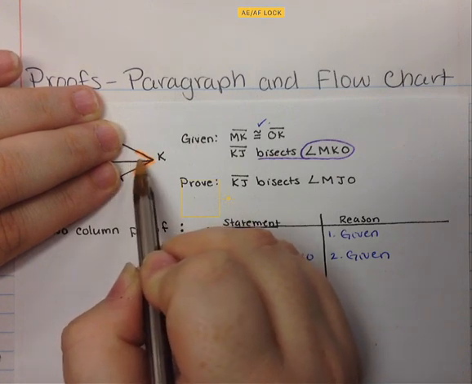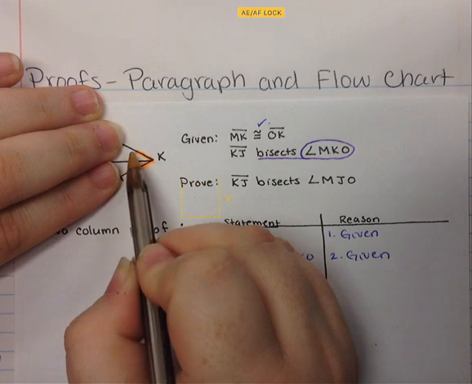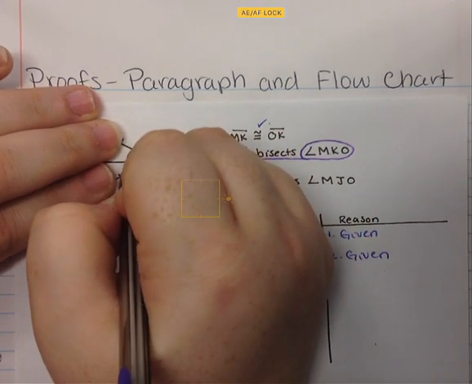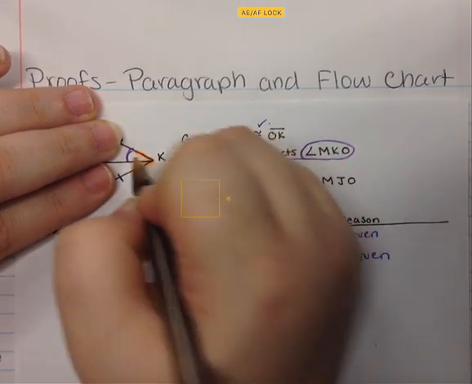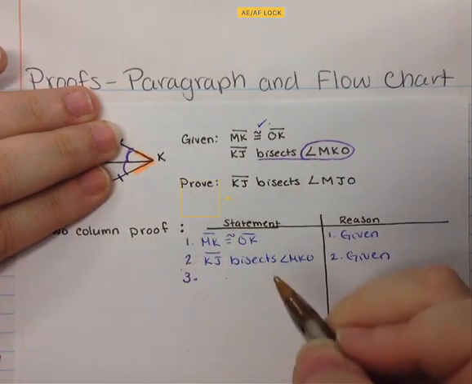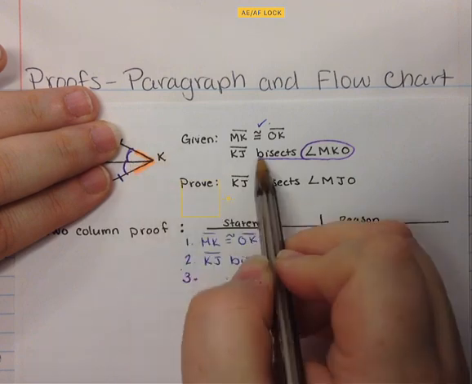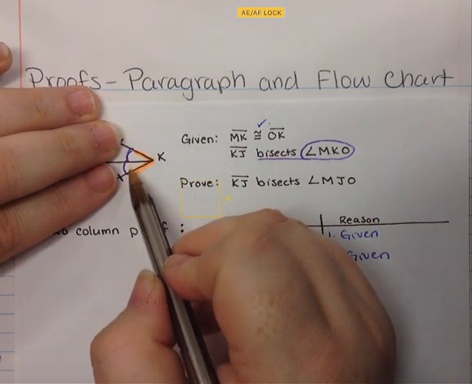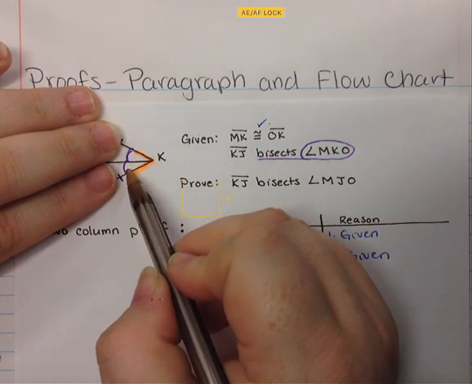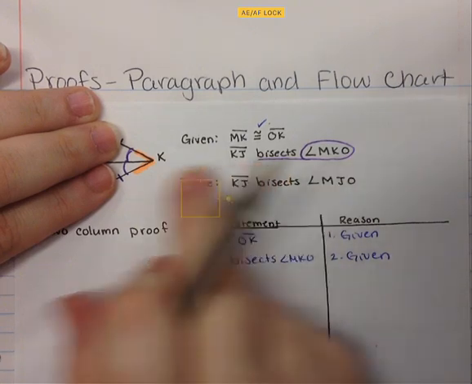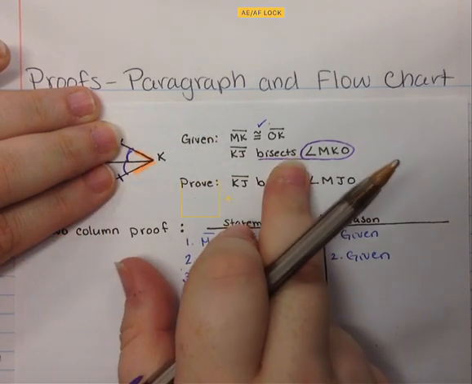That means that I have split this big angle into these 2 smaller angles. So I can mark an angle here and mark an angle here, because these 2 little ones have to be the same size, because that's what bisect means. It cuts it into 2 smaller parts. So I can say that these are congruent because of that bisect.